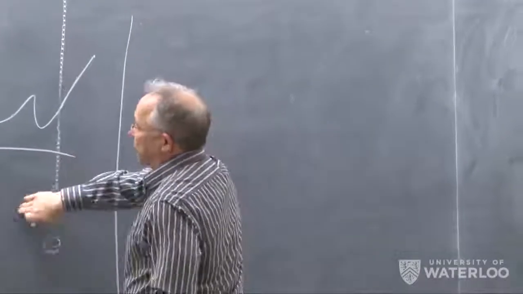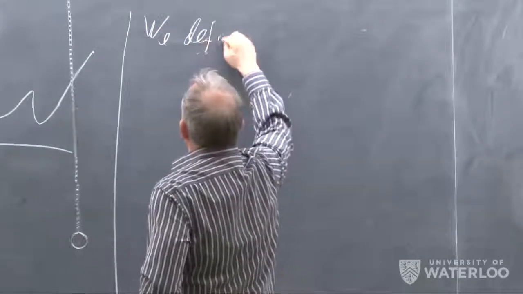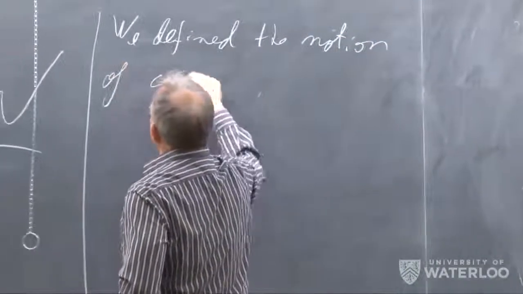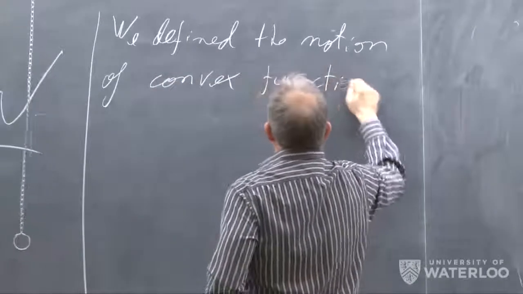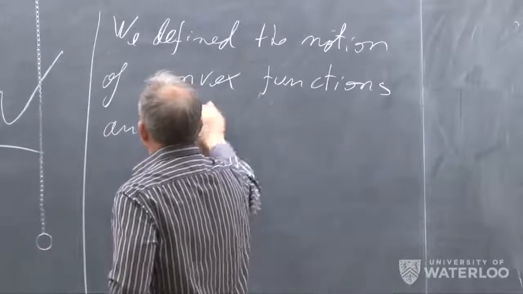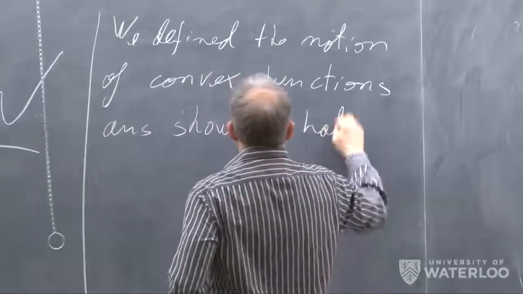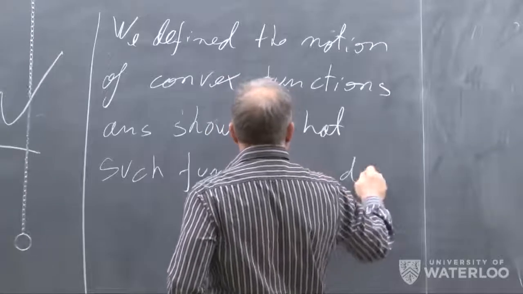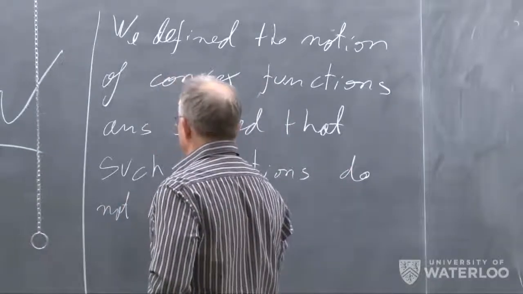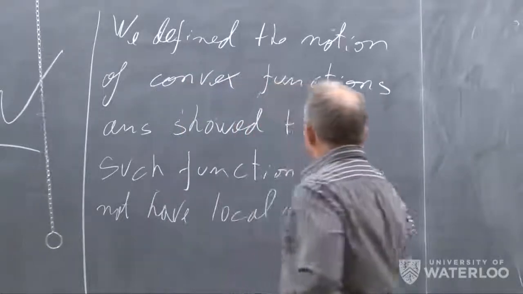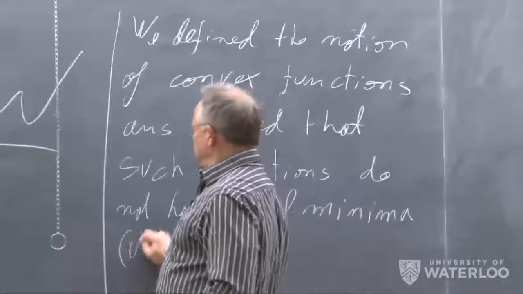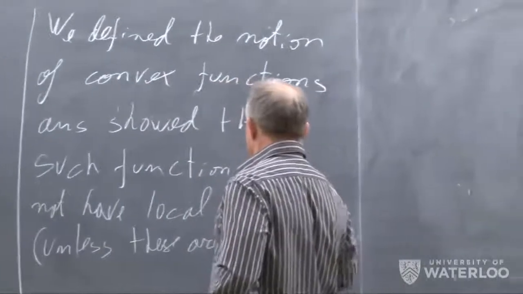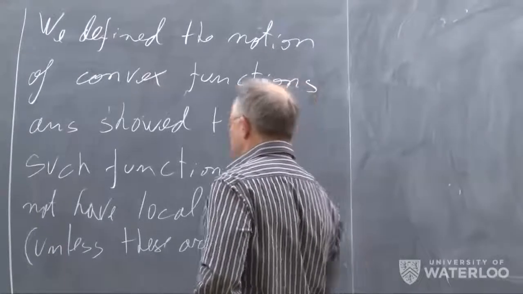We defined the notion of convex functions and showed that such functions do not have local minima unless these are global minima. And then we are happy.